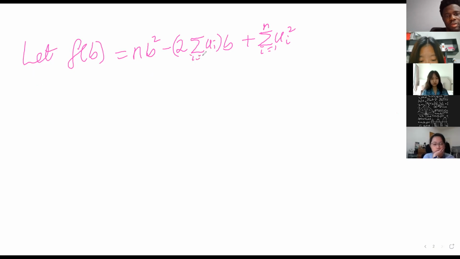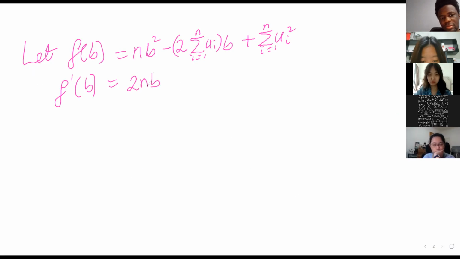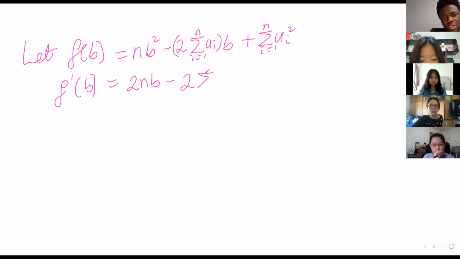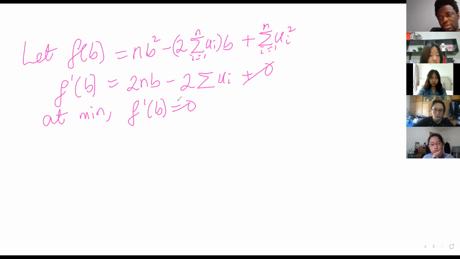Of course, this I from 1 to n has been evaluated to be n. So if we find the derivative with respect to b, it will be 2nb or 2bn, and this will be 1. So we are left with 2 summation ui. And this is 0 automatically, so no need to appear. Are you getting it? So at minimum, remember, that is the stationary point. This derivative will be equal to 0.